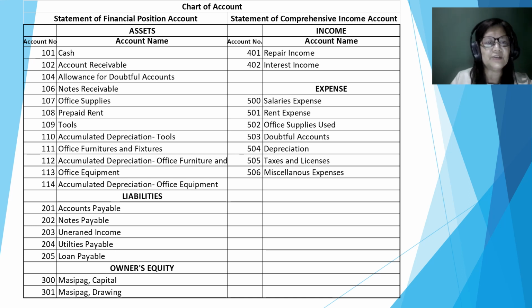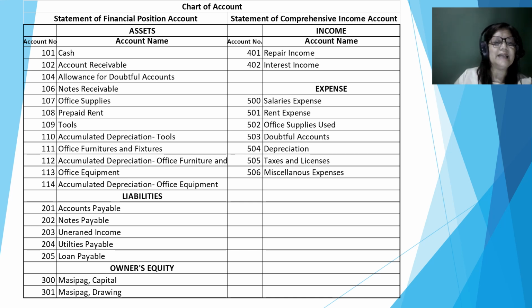What are the accounts for the statement of financial position? We have assets, liabilities, and owner's equity. So this is the same as the accounting equation. Assets equals liabilities plus owner's equity.